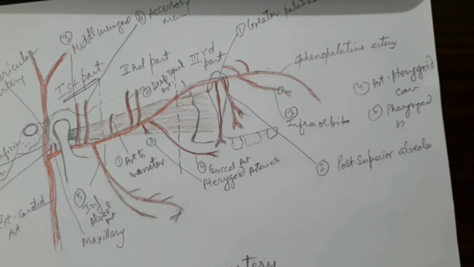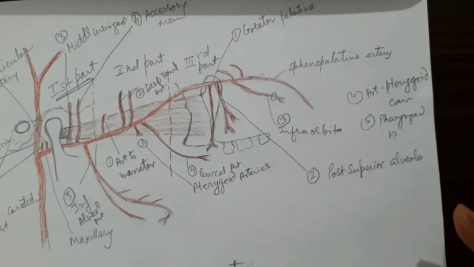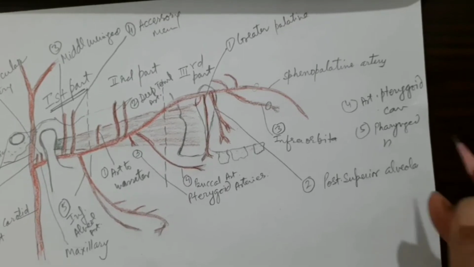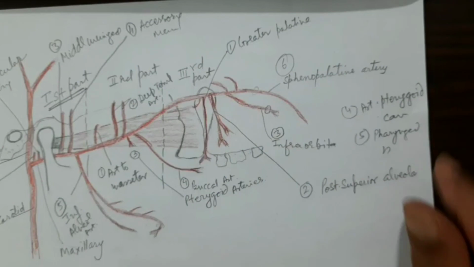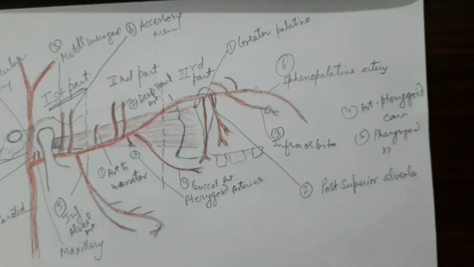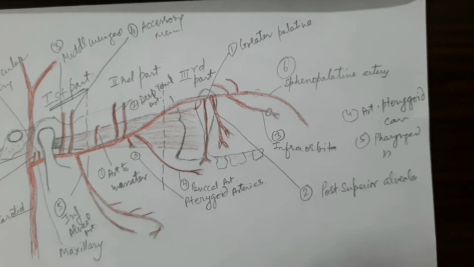Okay, then comes the sixth branch, and the sixth branch is the sphenopalatine artery. See, this is all written here. And this sphenopalatine artery, as the name suggests, after origin as a terminal branch, will immediately go into the sphenopalatine foramen, which lies on the medial wall of this fossa, the pterygopalatine fossa.